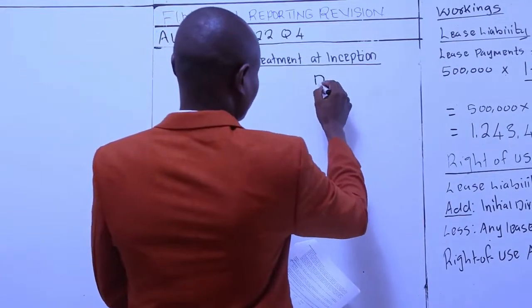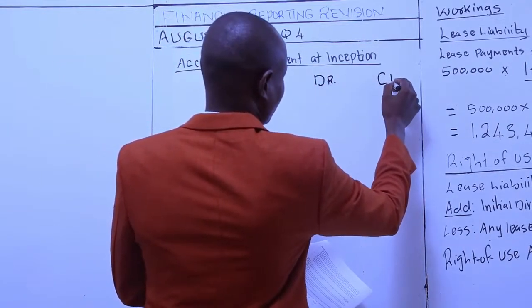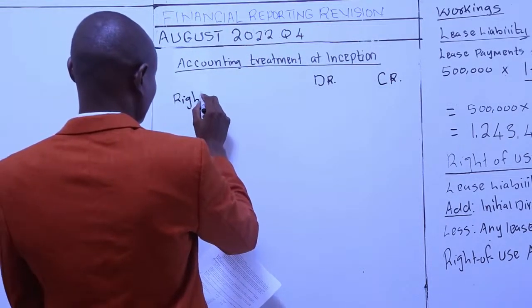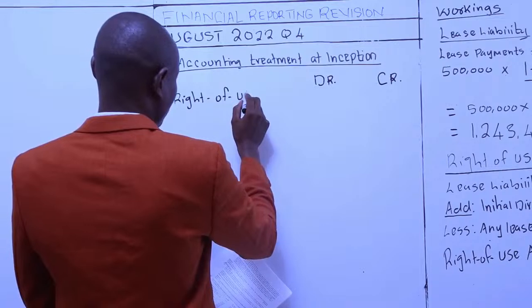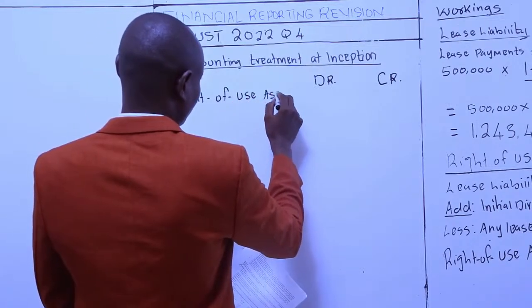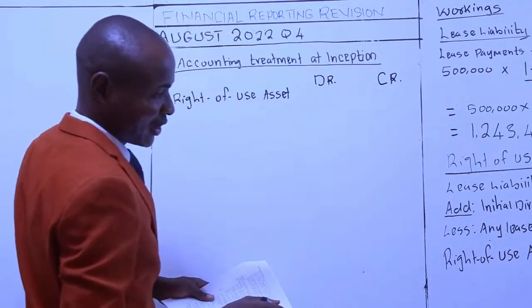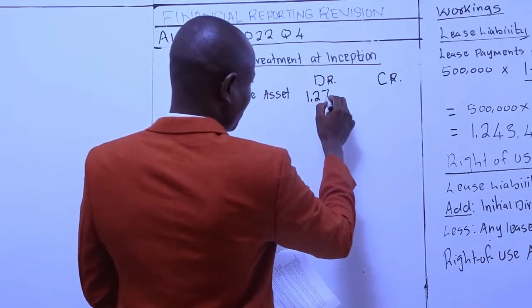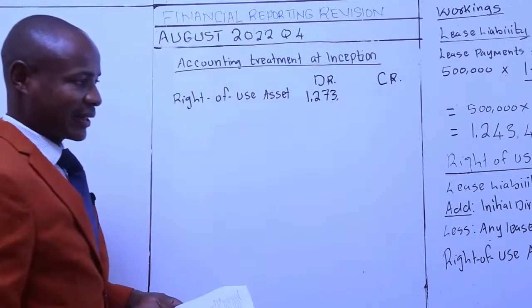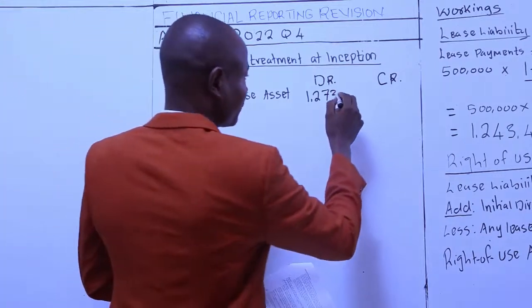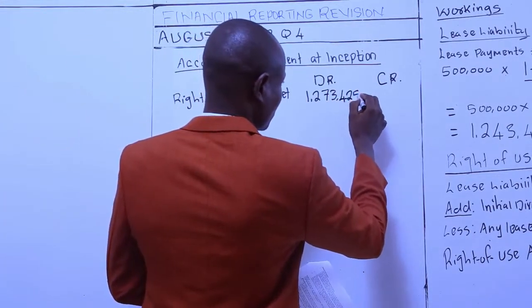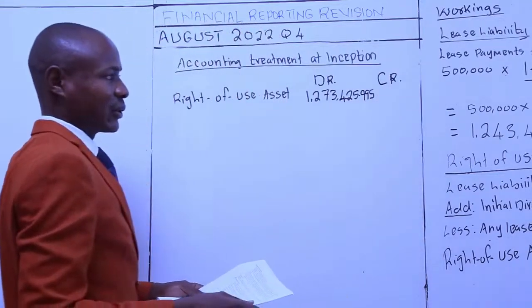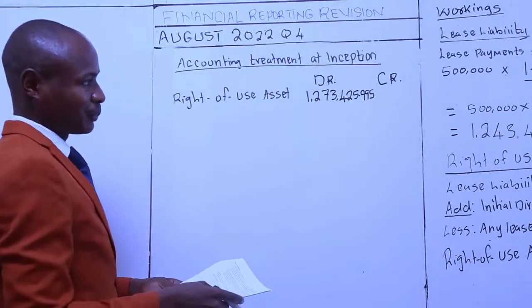So debit and credit. We have right of use asset, we are debiting 1,273,425.995. You debit the right of use asset with that amount.